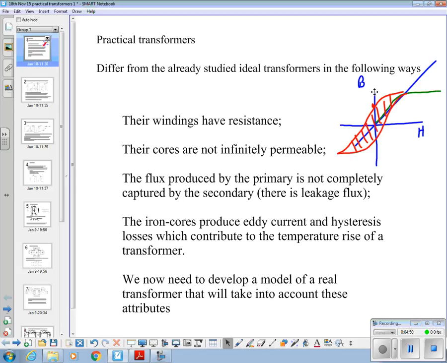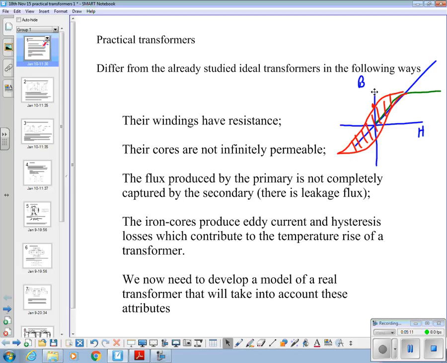That's an effort to restrict the amount of eddy currents that build up, but these are going to manifest themselves in heat and therefore become a power loss to the system. So we need to try and represent them somehow, because all they're going to do is make the thing get hotter.